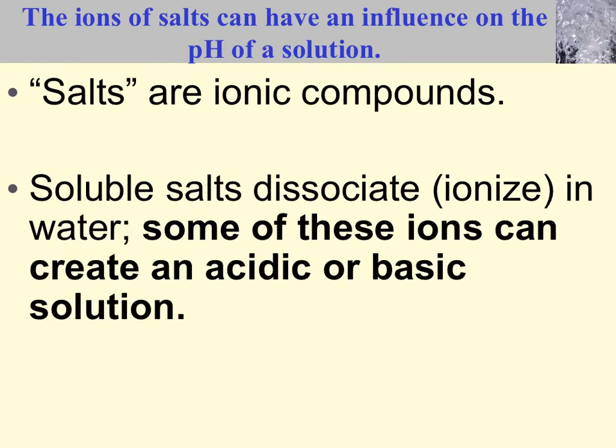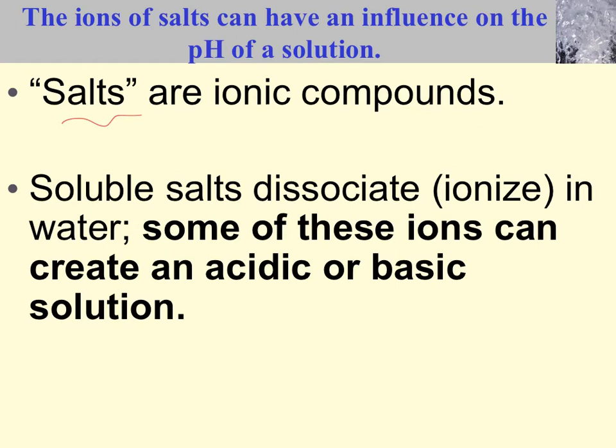All right, the pH of salts is clearly the most complex topic in this particular lecture. So first of all, remember that when chemists say salt, it's a generic catch-all phrase for ionic compounds.